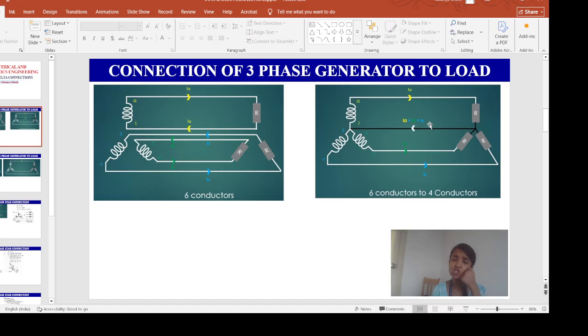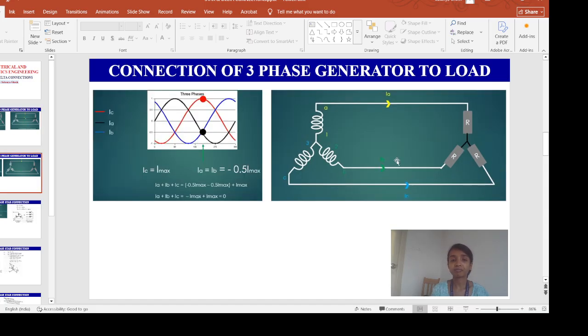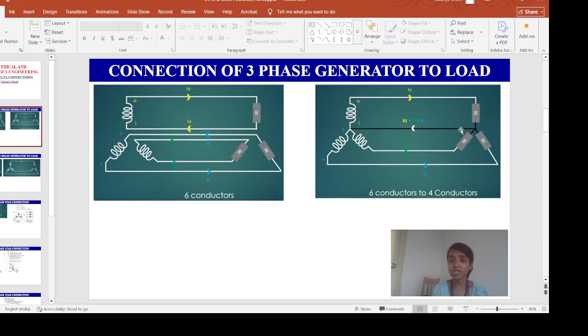So what is the advantage? Now the number of conductors has been reduced from 6 to 4, so that leads to a great cost saving, right? The current that is flowing through this common return path is called the neutral conductor.